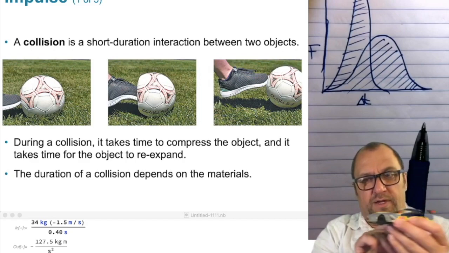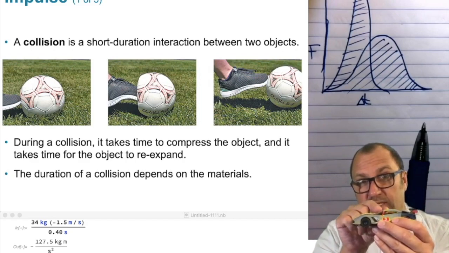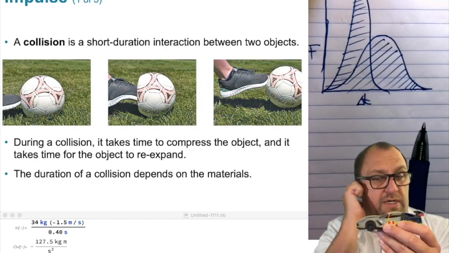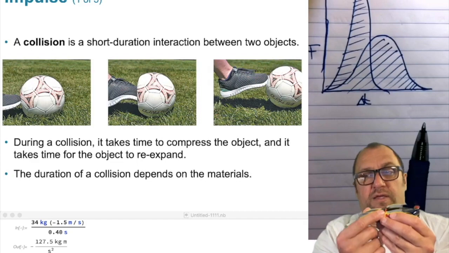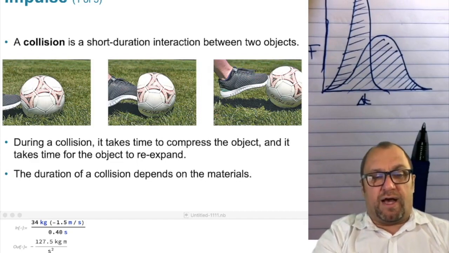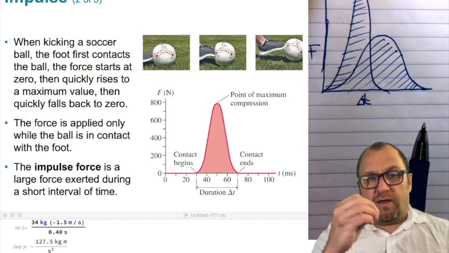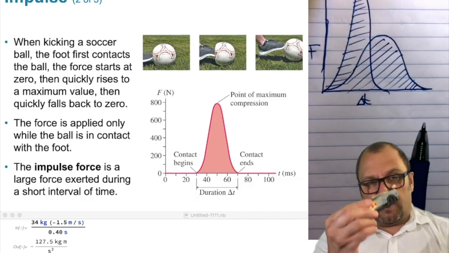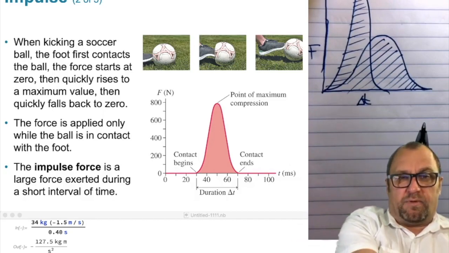But then if you're not wearing your seatbelt, you are going to have another collision inside of your car where you hit the dashboard. If the inside of your car were made out of metal, the collision time would be very short, and so the force would be very high. So you want squishy foam to increase that time of the collision, so you will get hurt less because you will experience less maximum force.